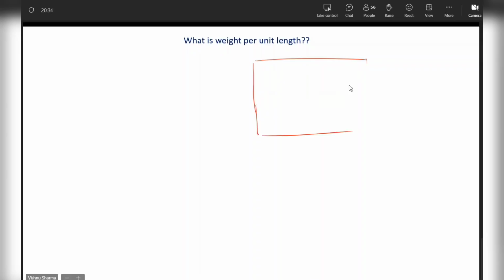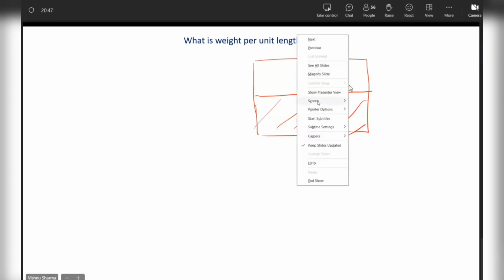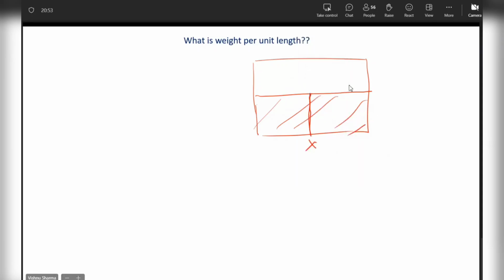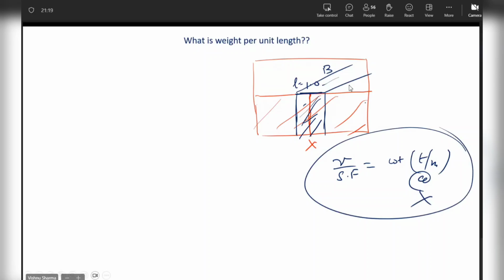If this was the compartment, and this is the height, and I'm interested in the weight of the cargo per unit length at X, that means whatever is the height of the cargo at X, if the same height continues over a length of 1 meter, this length is 1 meter, and this is the breadth of the hold, then the volume contained, divided by the stowage factor, will be the weight in tons per meter at X. Have you understood what I'm trying to say, beta? Yes or no?